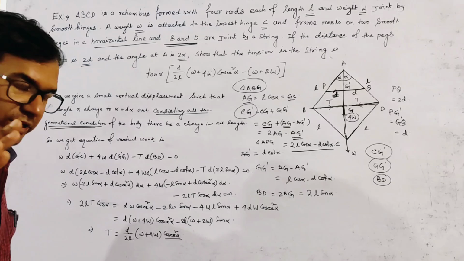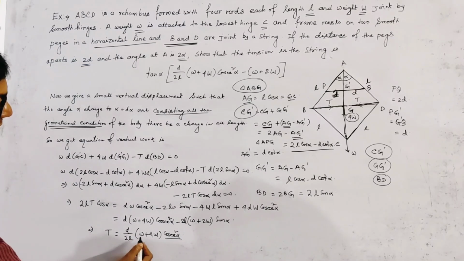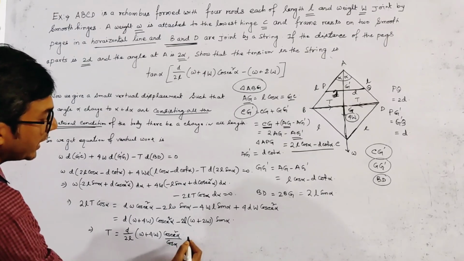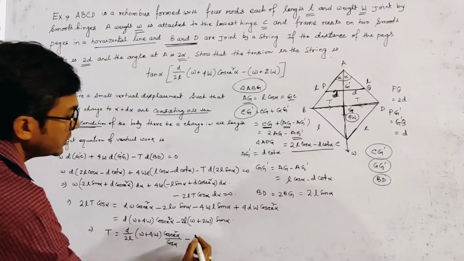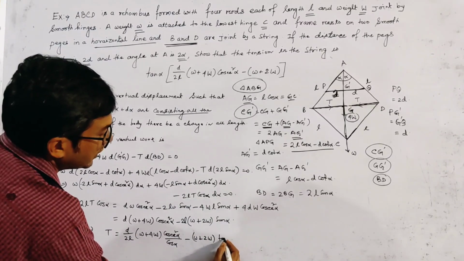Now we get T from here. T is equal to D by 2L into W plus 4W into cosec square alpha by cos alpha, and minus 2L and 2L cancel out, this is W plus 2W into tan alpha.